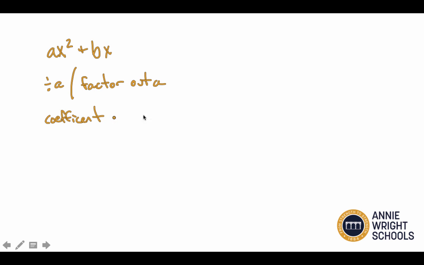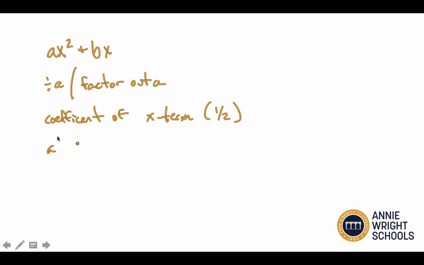Then once you do that, you look at the coefficient of the x term. And you want to take half of that. That's the number that you are going to square and add to both sides, or add and subtract on the same side.